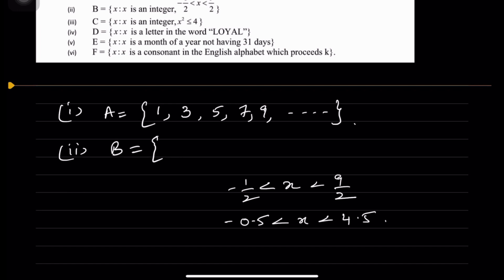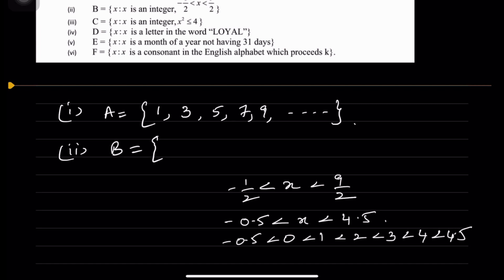minus 0.5 less than 0 less than 1 less than 2 less than 3 less than 4 less than 4.5. It is not including these minus 0.5 and 4.5. So what is given in the question, B is equal to the set of all x such that x is an integer which lies between minus 1 by 2 is less than x less than 9 by 2.